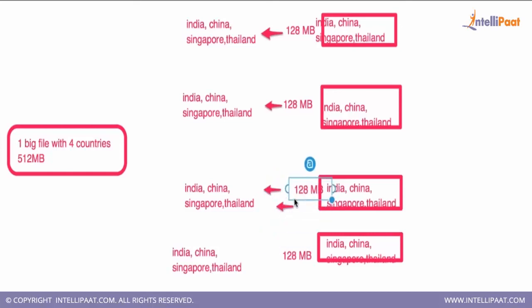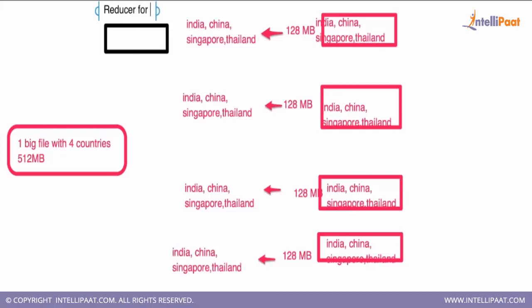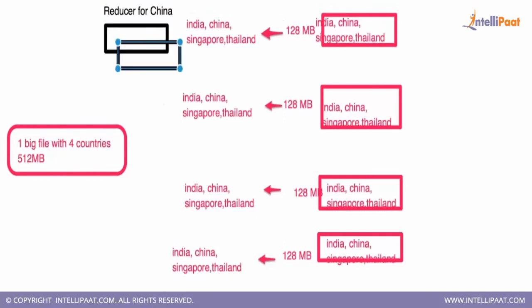Now the app master will say, okay boys, all mappers done. Be careful now, reducers will start, and on machine 1, the reducer for China will run. Reducer for India should be here.